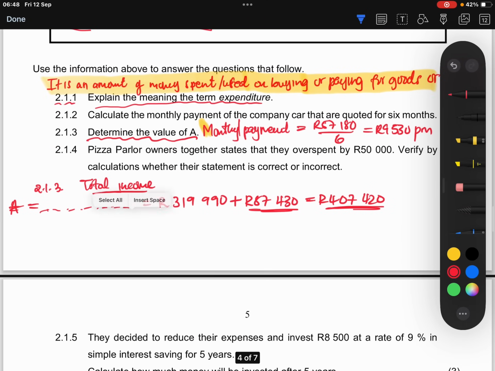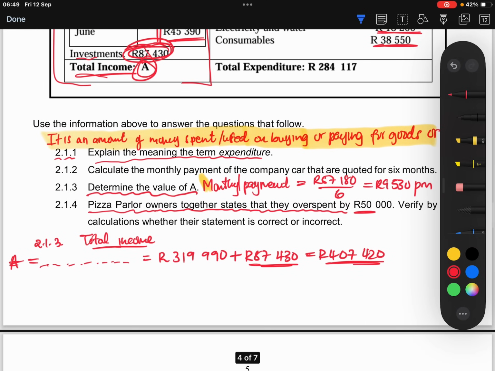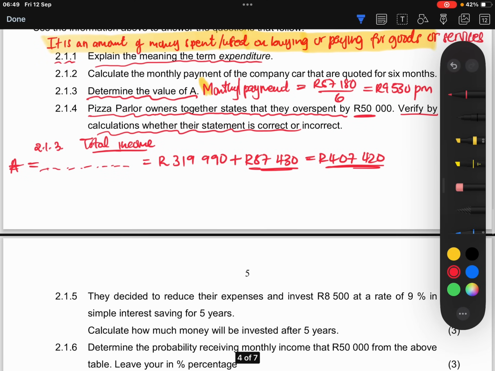Let's go to 2.1.4. It says the pizza parlor owners together stated that they overspent by 50,000 according to the budget. Verify the calculation, whether the statement is correct or incorrect. So what are we going to do there?